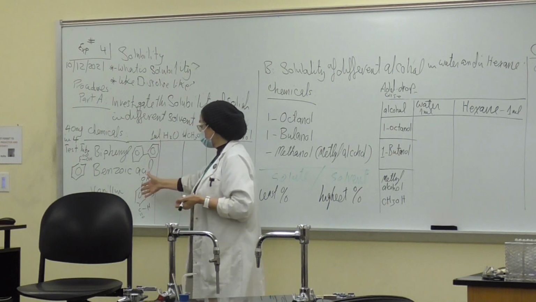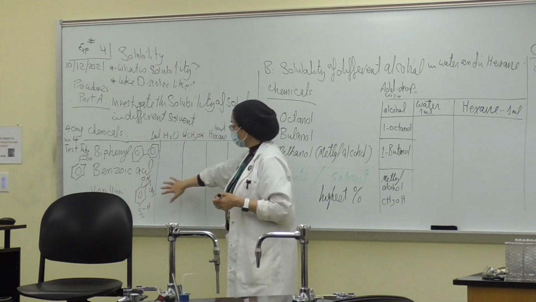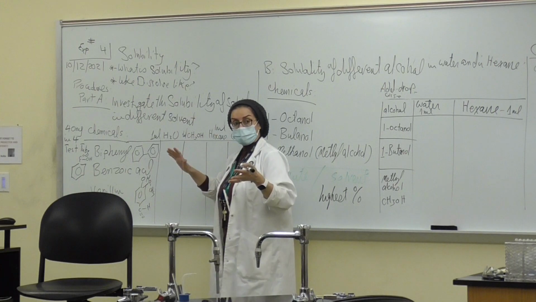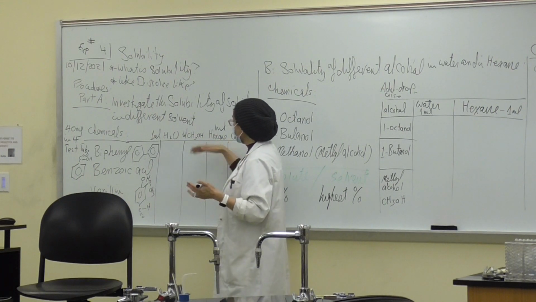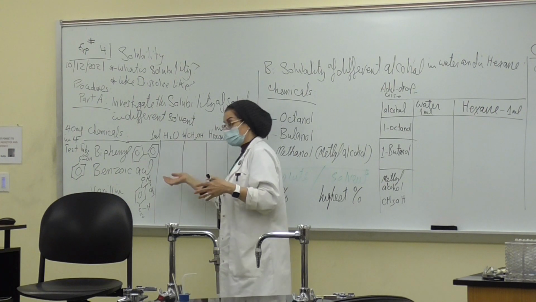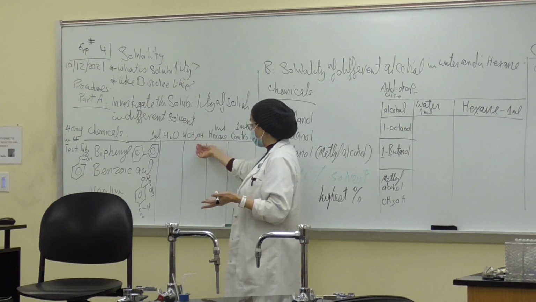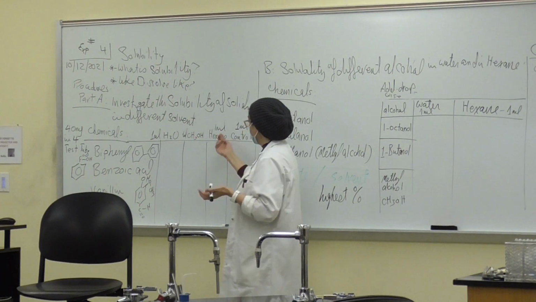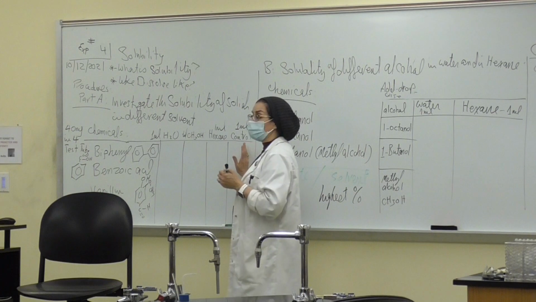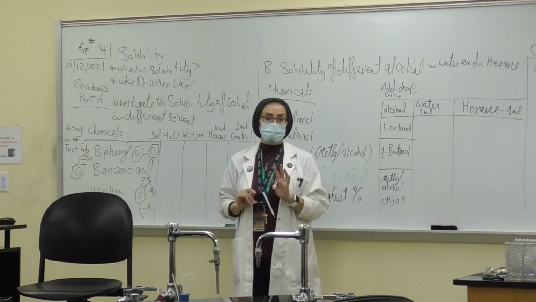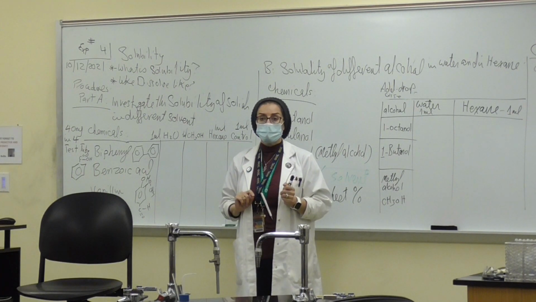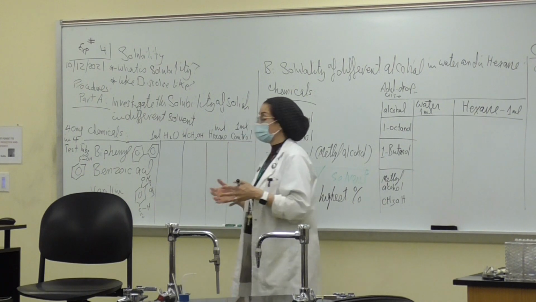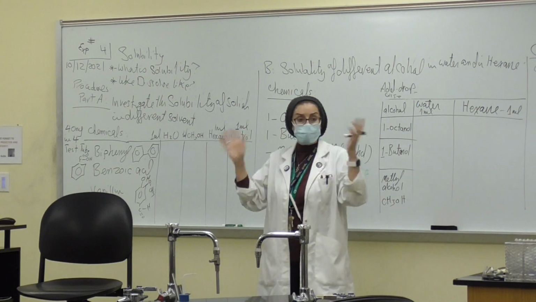So when we compare those 3, vanillin is mild, in between the 2. And how is it going to react with water, which is very, very polar? Then we have methanol, which is also polar. And we have hexane. And keep the 4th one as a control. Don't add anything to it. So basically, this is how we are going to compare.